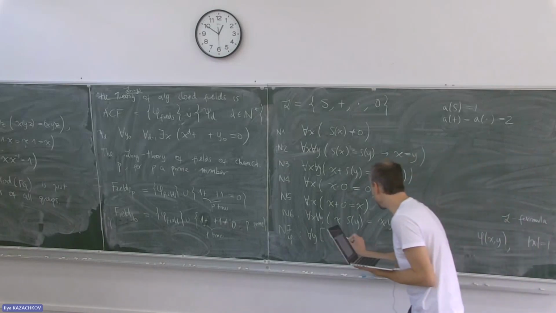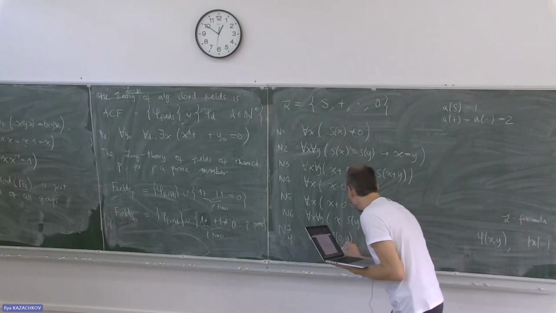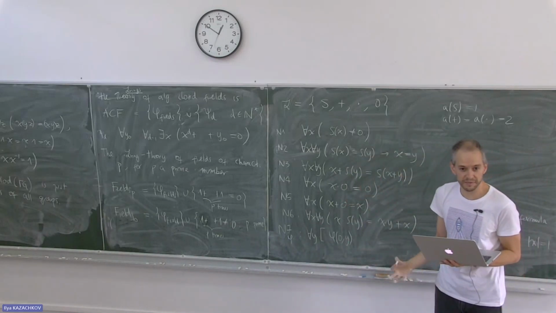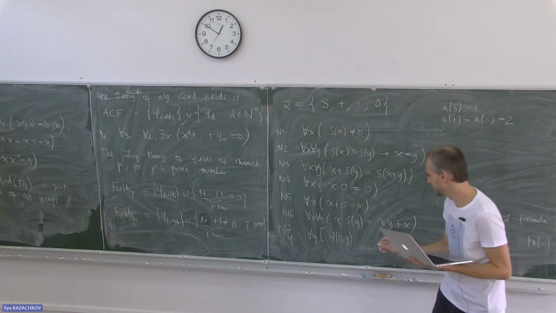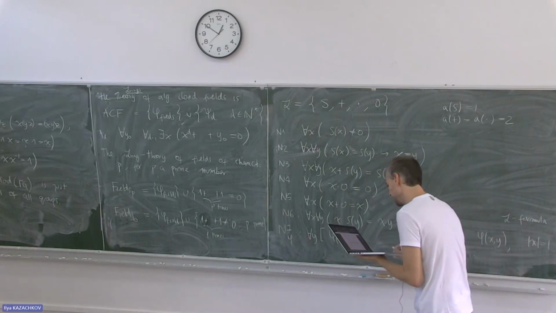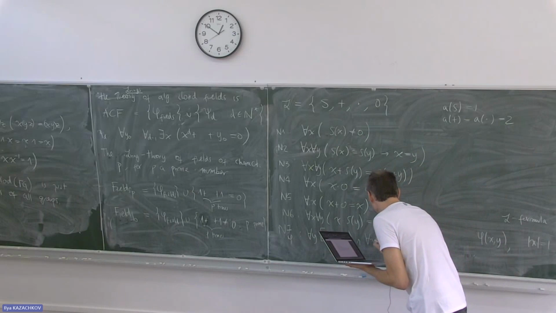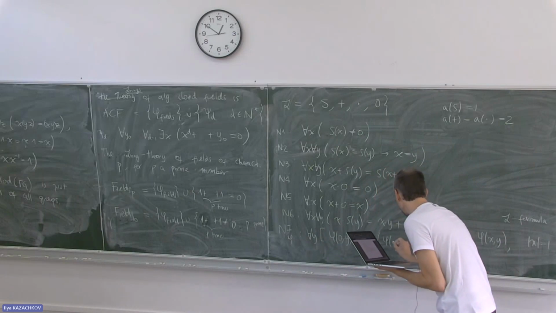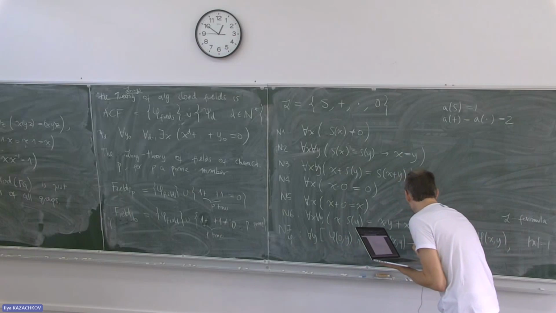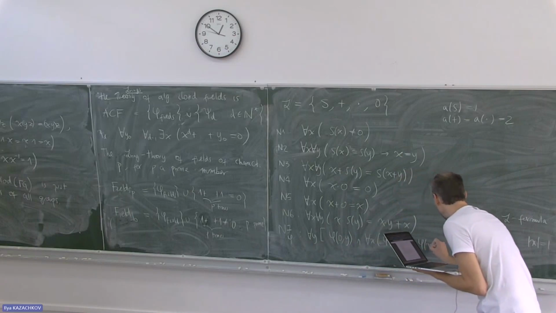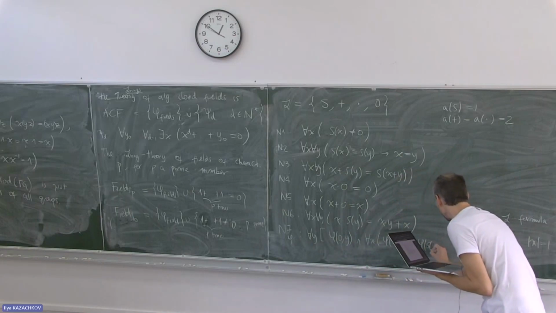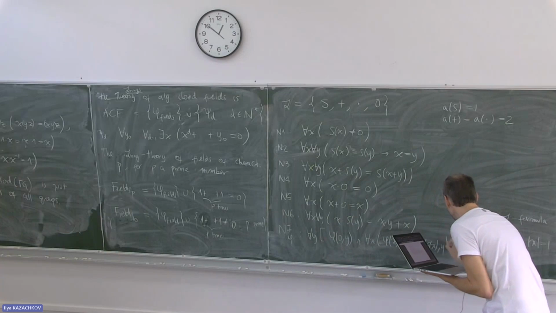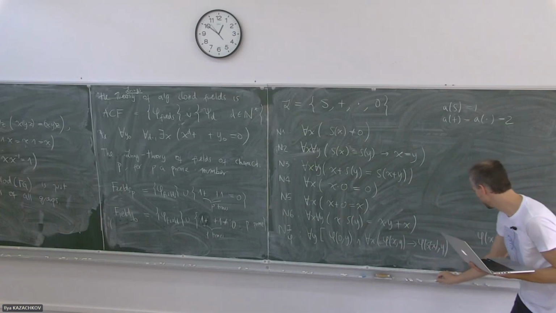So if this formula holds for 0, and for every x, it does hold that phi of x, y implies phi of s of x, the successor of x, holds, right?